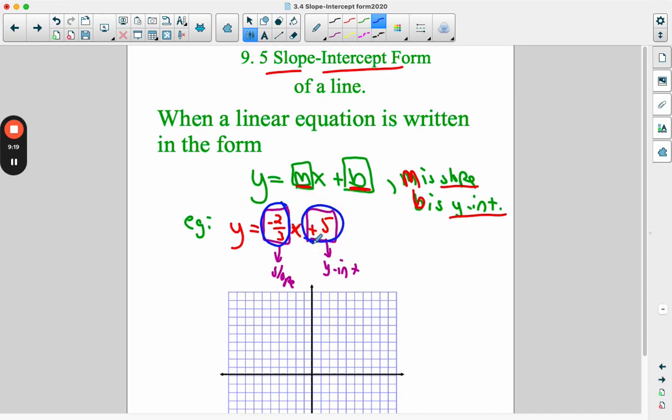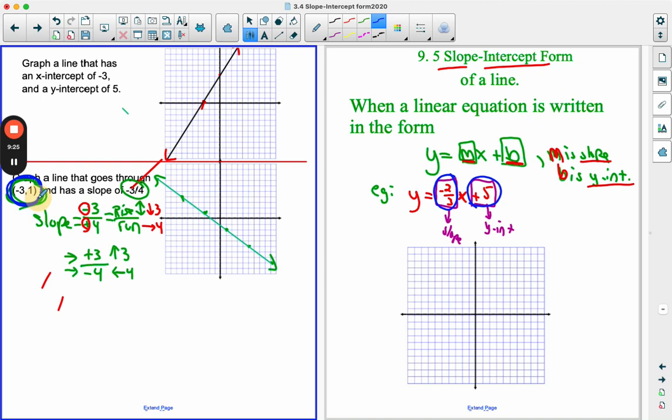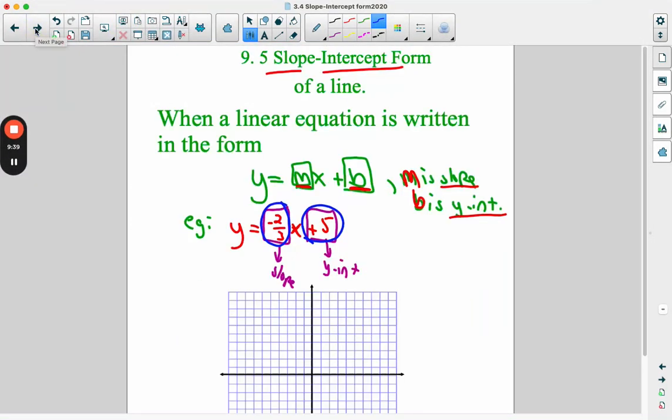So if I want to graph that, looking back at the last question we just did, if I know a point on the graph, and I know its slope, I can start at the point that was given and count my rise over run in either direction to create as many points as I need to. So applying that to this question, I have a y-intercept of positive 5.